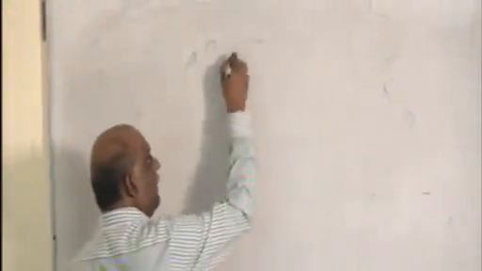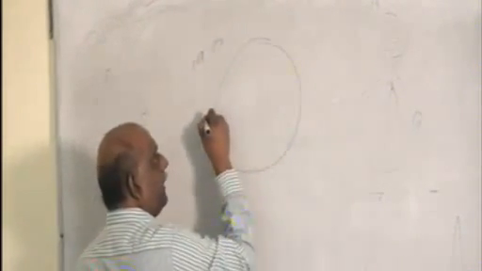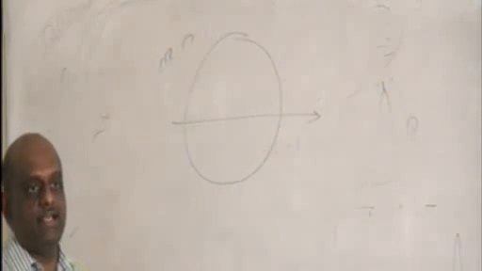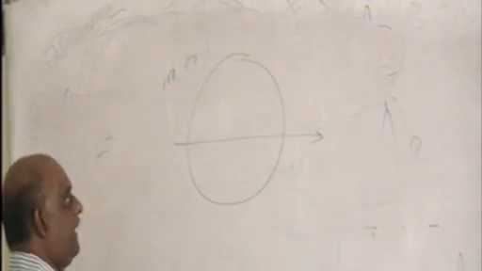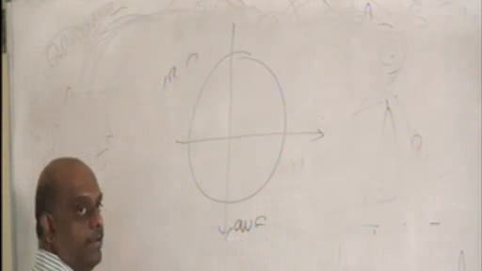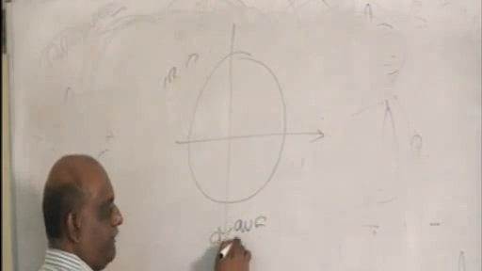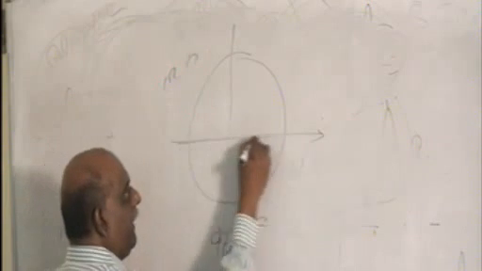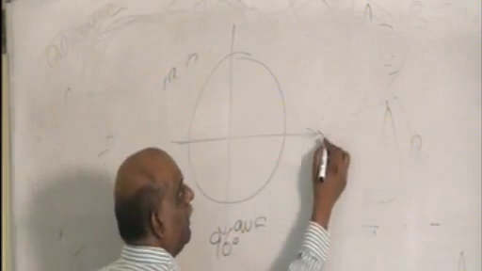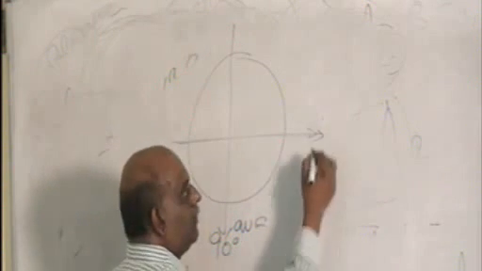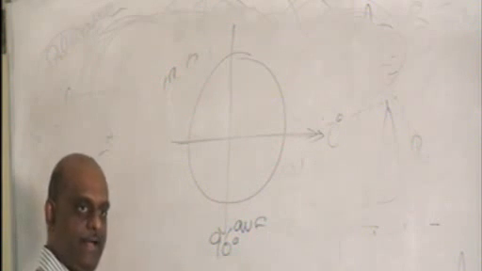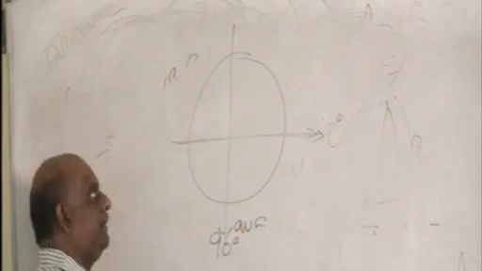Typically, if you take the hexaxial system of leads, you have AVF which will be 90 degrees. You have lead 1 which is at 0 degrees. Lead 1 is by connecting right arm with the left arm.